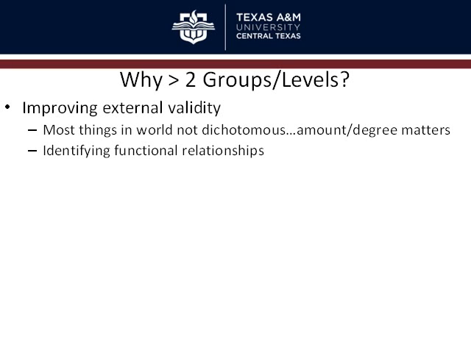Related to that, using more than 2 groups, more than 2 levels, allows you to identify potentially the functional relationships between independent and dependent variables. One thing you can look at is, is there a clear linear relationship? So the scarier the sound, the more proximity seeking happens. Or maybe there's a curvilinear relationship.